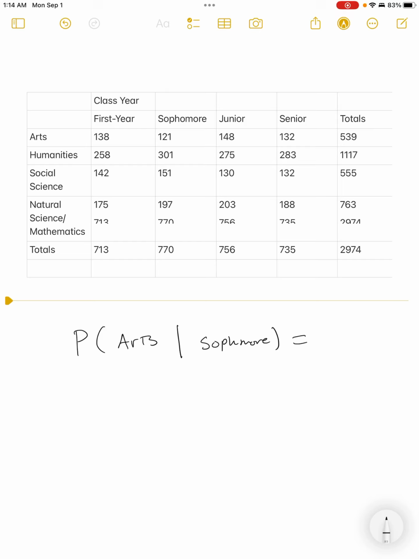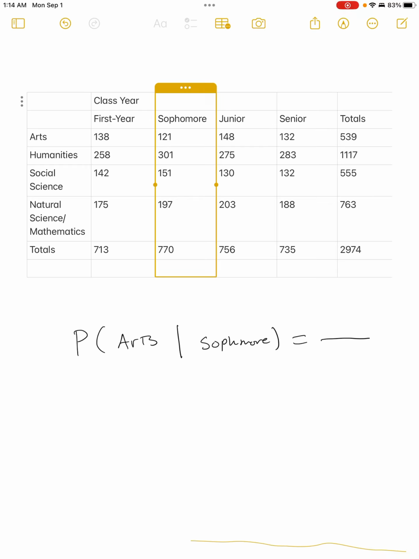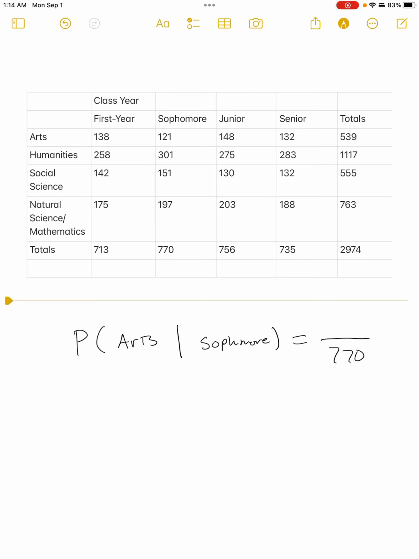Well, that's not bad at all. It's totally structured for us to answer this question. What we do know is that we're only looking at sophomores. We're only looking down this column right here. We're isolated to that column. What do we know? That there's 770 students in that column.